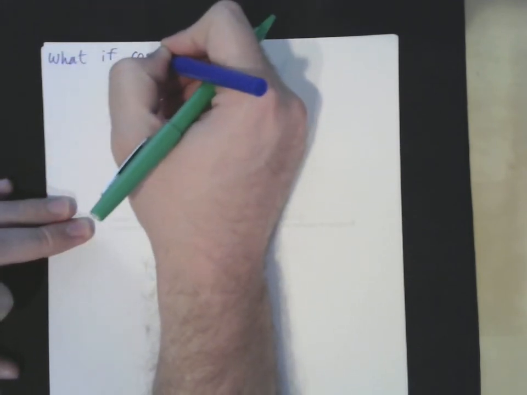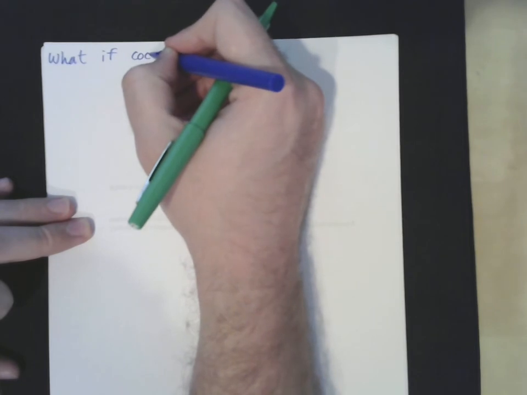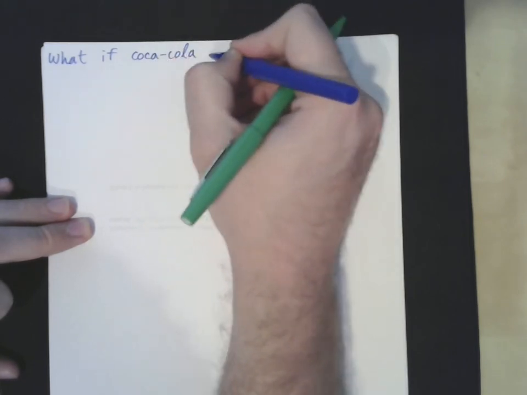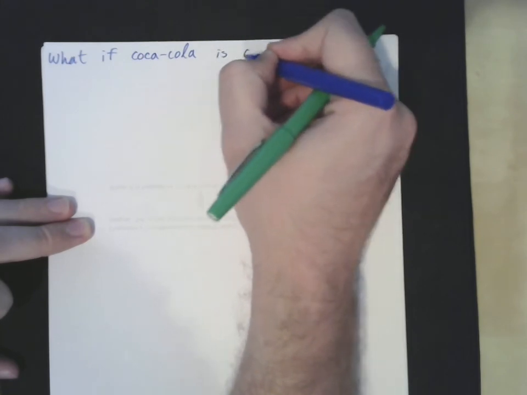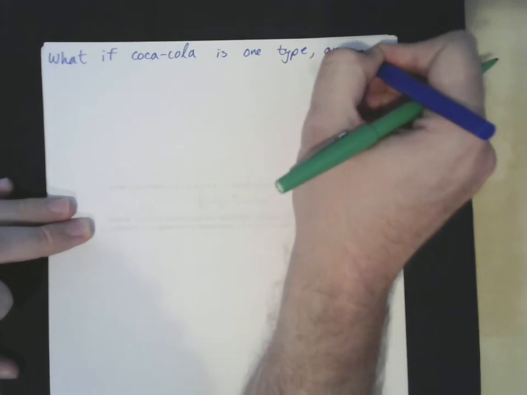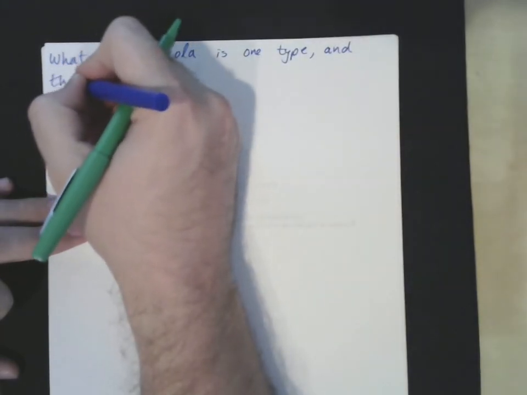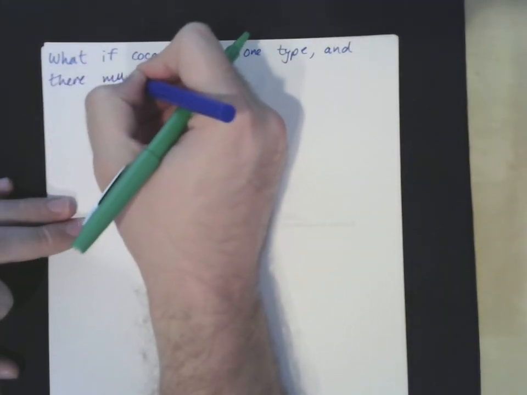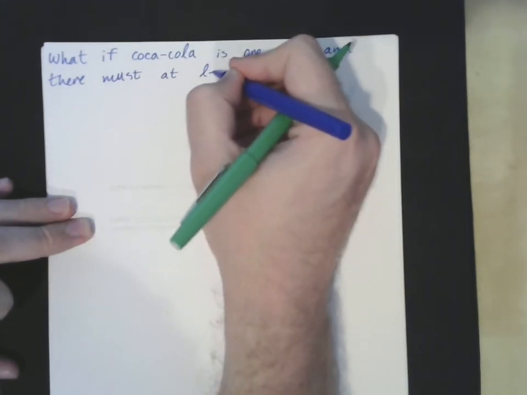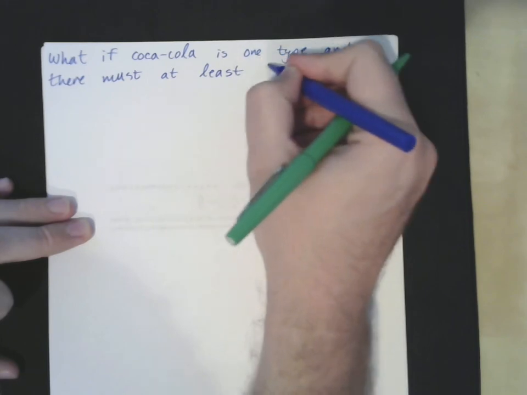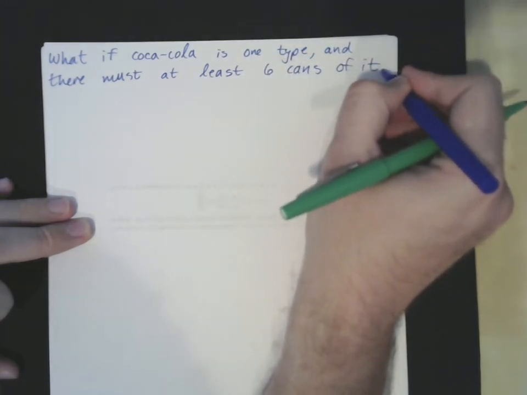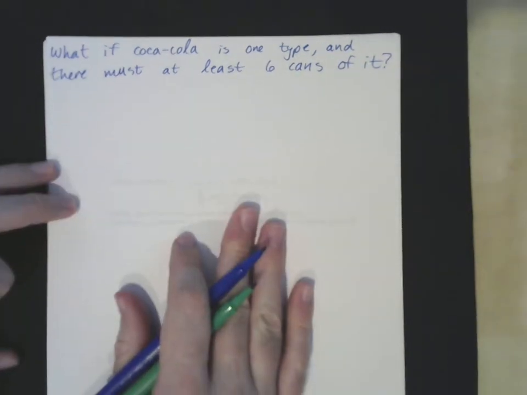What if Coca-Cola is one type, and there must be at least 6 cans of Coke? How many assortments can we make now?